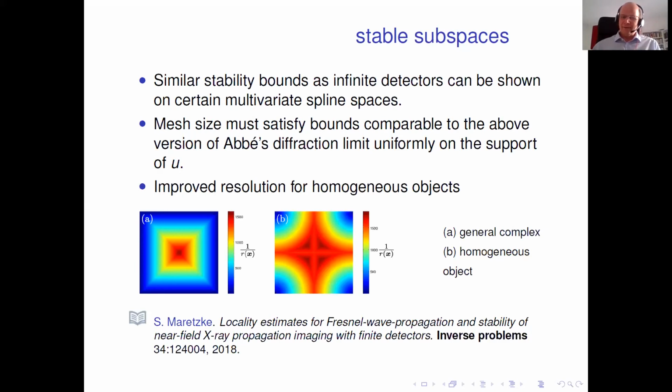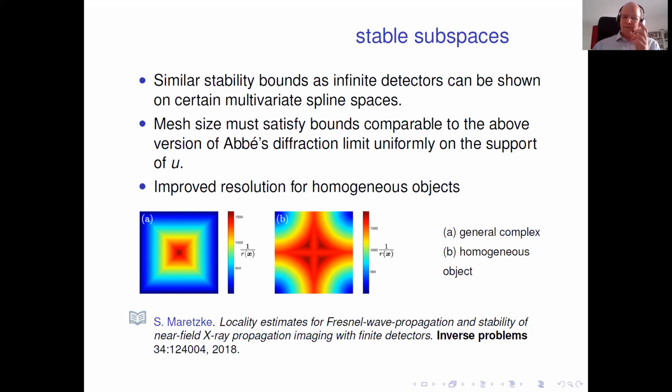And it also tells you that, on just these finite dimensional subspaces, you get stability bounds which are very similar to the stability bounds which we had for the case of infinite detectors.